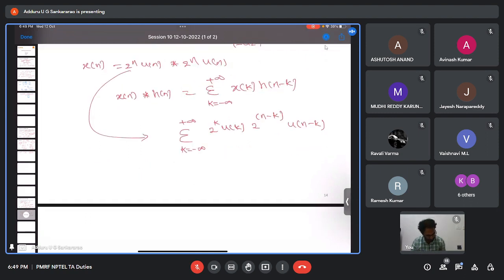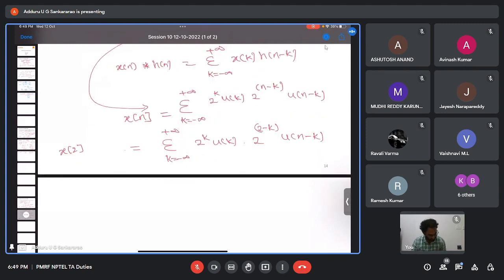This is nothing but our x of n. Now we want x of 2, so x of 2 is the sum over k from minus infinity to plus infinity of 2 power k u of k into 2 power 2 minus k into u of 2 minus k.